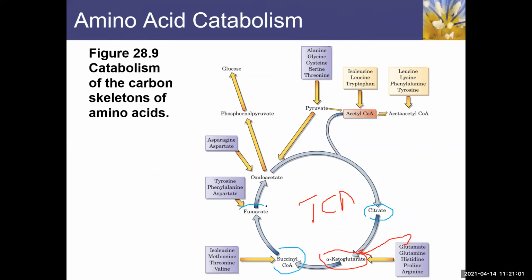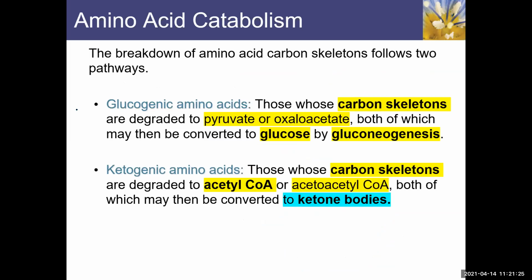So different amino acids can form different intermediates of the TCA cycle when we are not eating, for example, carbohydrates as the source of energy, or when we have excessive amino acids available in the body, right? But now we have divided these amino acids into basically three types. One is called the glucogenic amino acids, right?